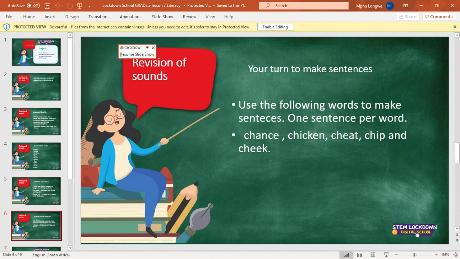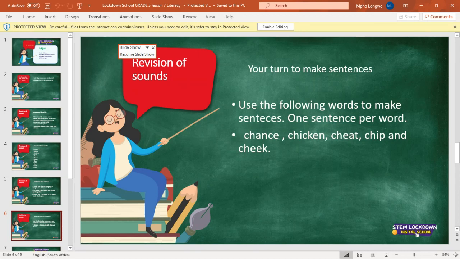In a game, I can say it's your chance to play. So now it's also your turn, for you to do something. That's more of chance. We did chicken, we did cheat. And then chip. Chip is a normal chip, like the ones we eat. We call them chips. And then cheek, we also explained.